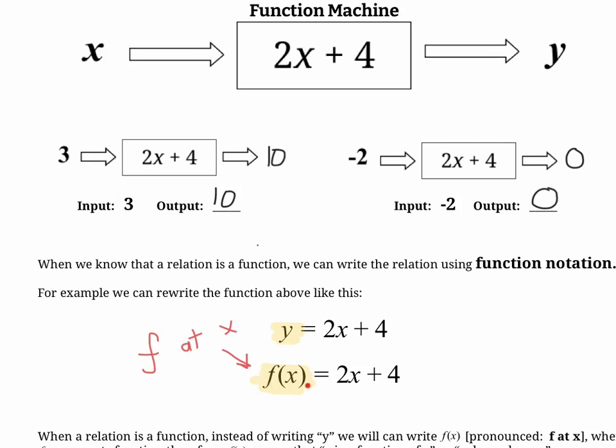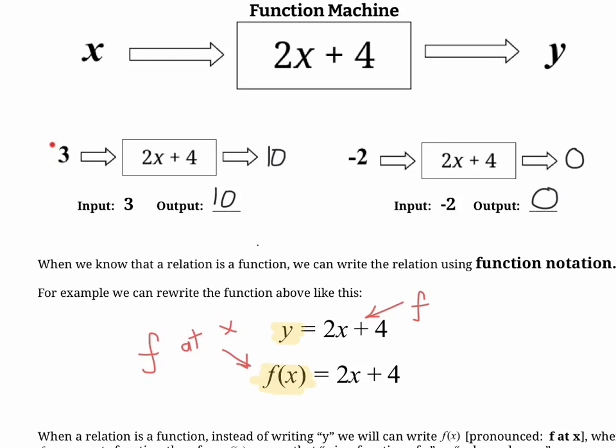What it literally means is the function f. This is the name that we are calling this entire thing, f. We could call it anything else. We could call it g. We could call it whatever we want. In this case, we typically use f because f stands for function. So this is saying that the function f is a function of x, which means that we input x, and that's what creates all our values for our function.